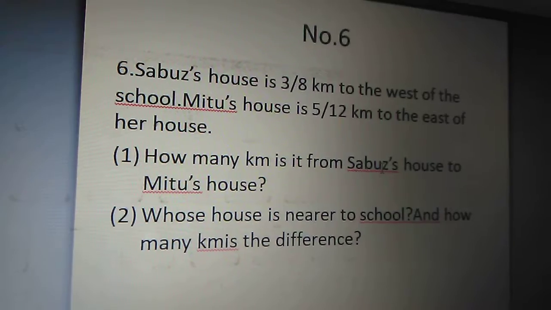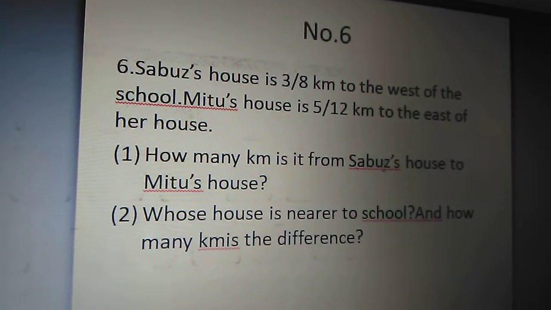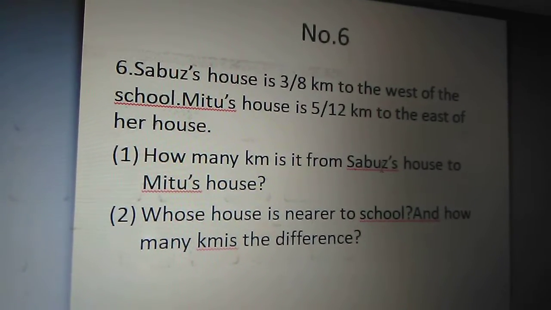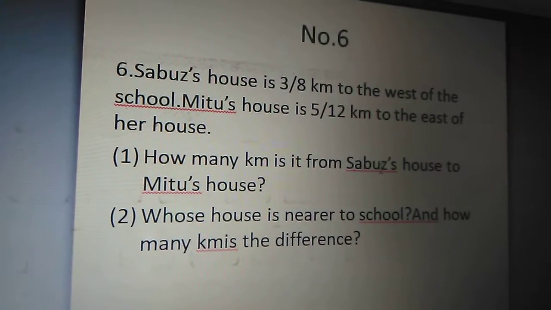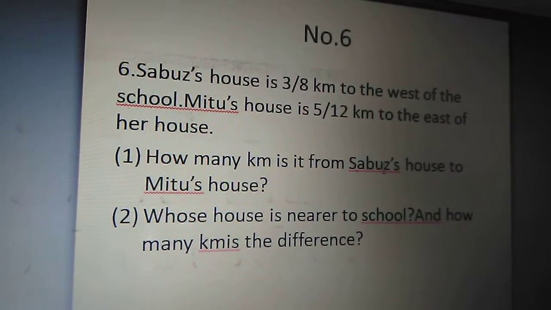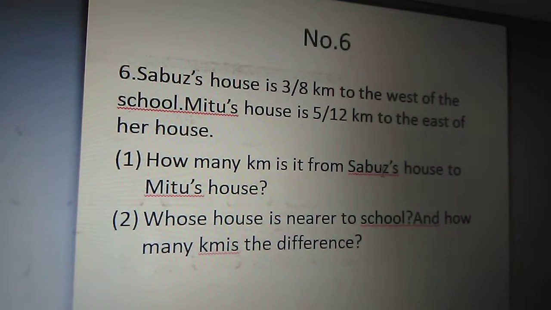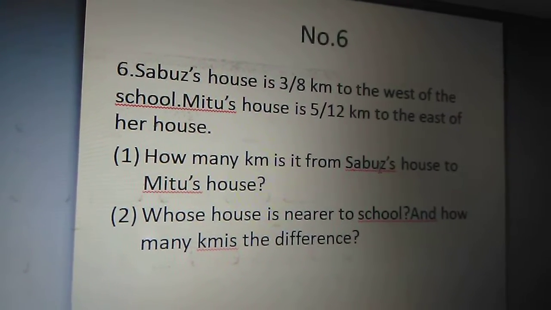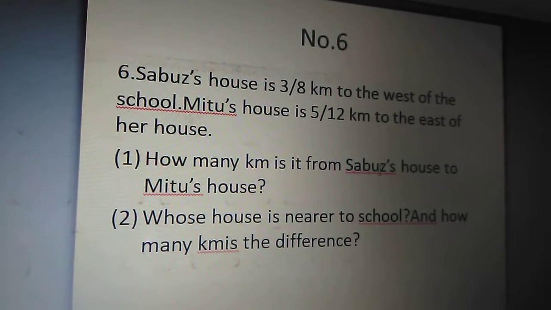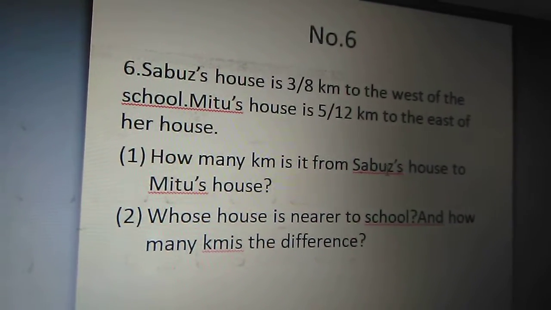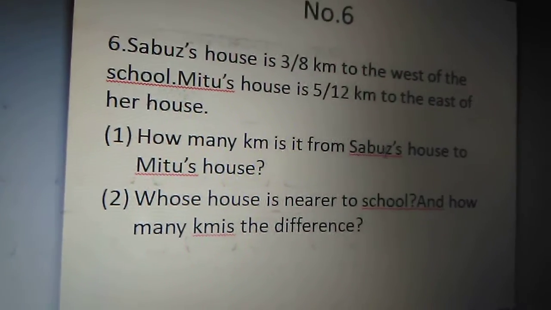After dividing, you will get a result. Then you have to multiply the numerator and the denominator of each of the given fractions by the result. In that way, you can make the common denominators of the given fractions. So if you do that, then you can compare.